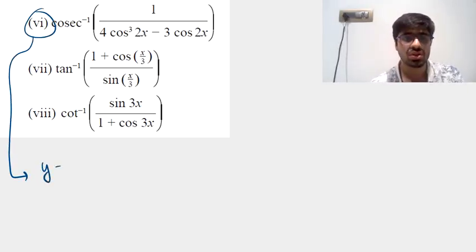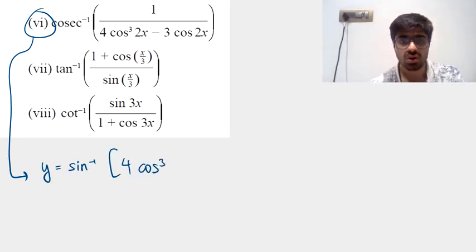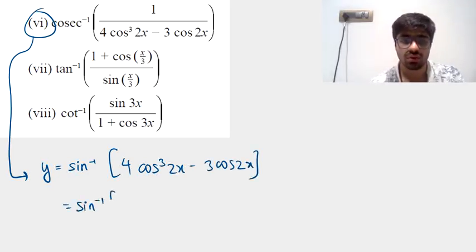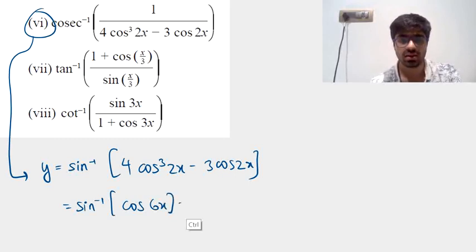Again, it's cosec inverse, so I'll prefer to write it as sine inverse of the reciprocal of whatever you have inside, which is 4 cos cube 2x minus 3 cos 2x. That is sine inverse of, it's going to be cos 3 theta. So cos 3 into 2x, which is cos of 6x.